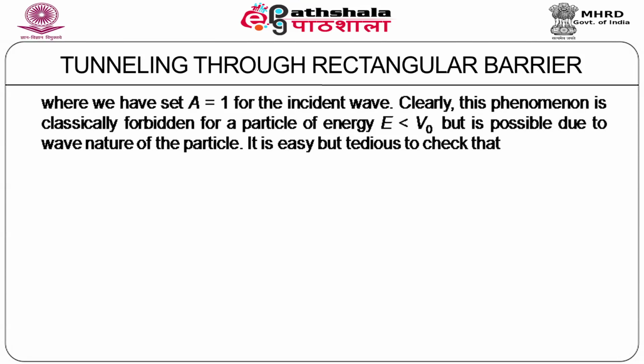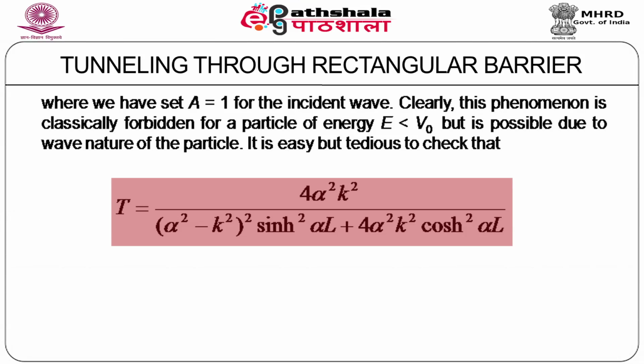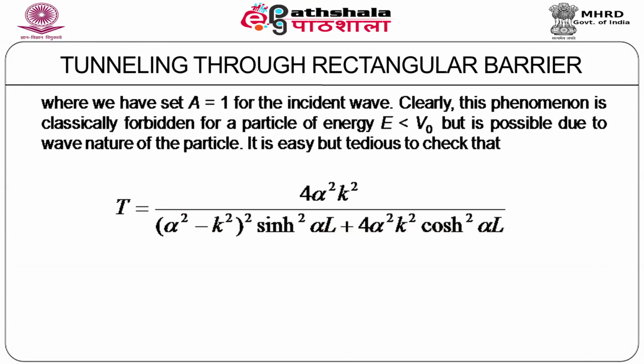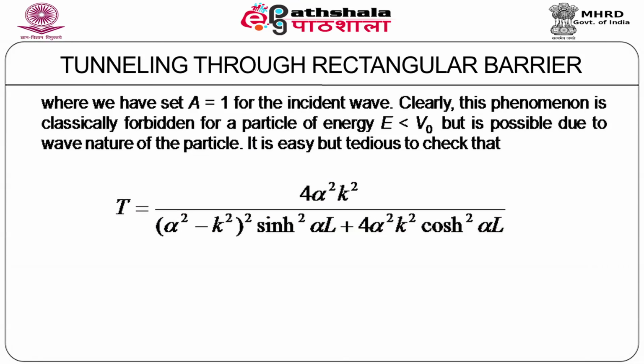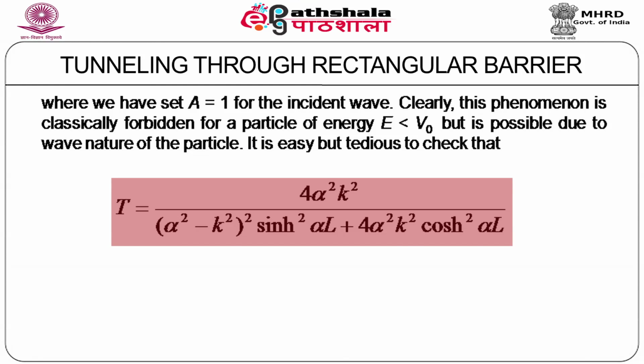It's easy but tedious to check that the transmission coefficient is equal to 4 alpha squared k squared divided by (4 alpha squared k squared cosh squared alpha L plus (alpha squared minus k squared) squared sinh squared alpha L), where you already know k and alpha from the solutions of the Schrödinger equation. This calculation is very simple but tedious, because you have to do a lot of algebra to come to this equation for the tunneling probability T.